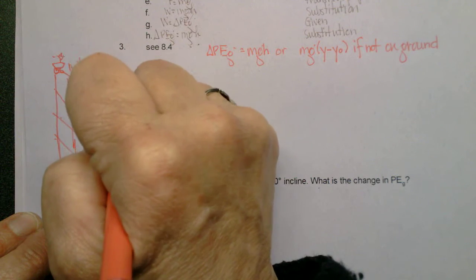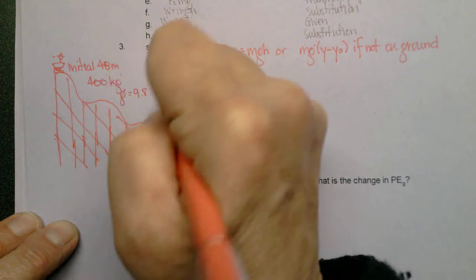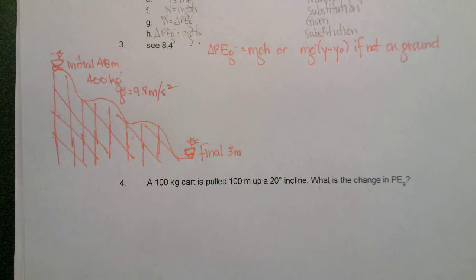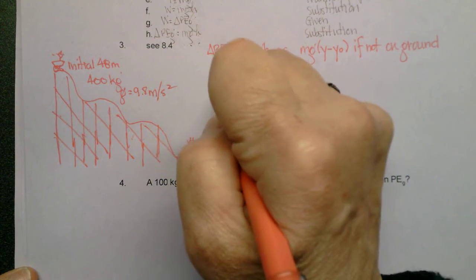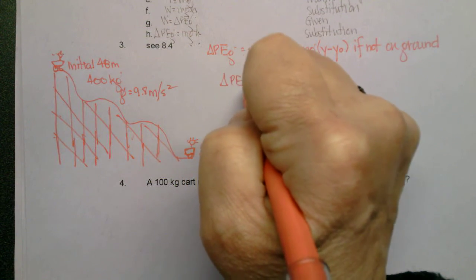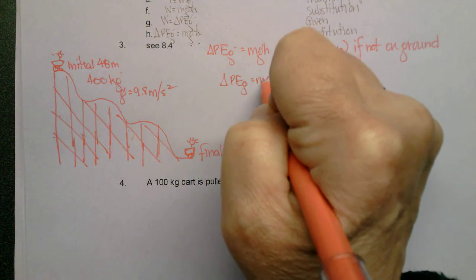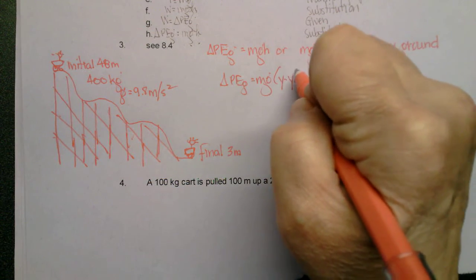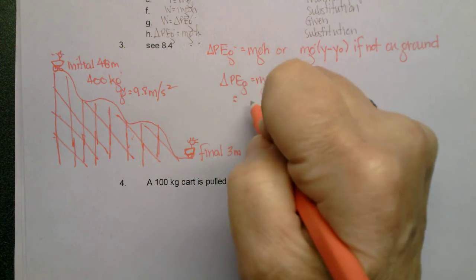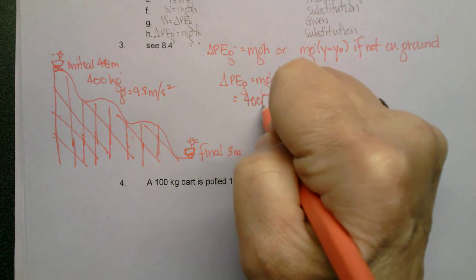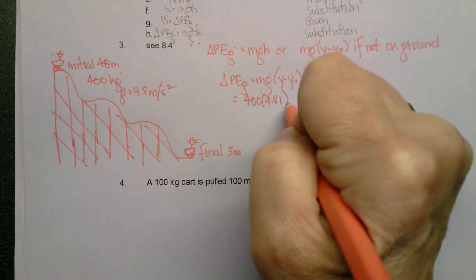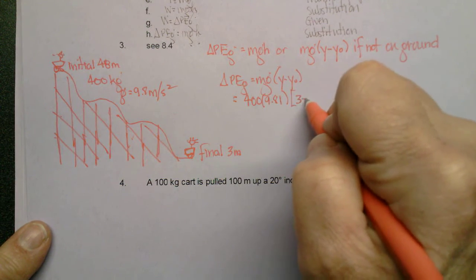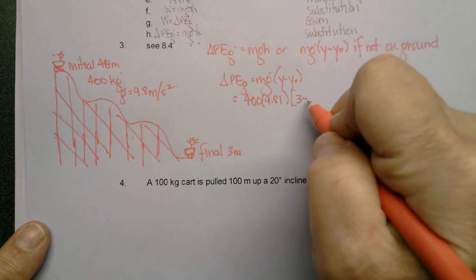And of course, we know that g is 9.81 meters per second squared, in this case because I'm in the metric system. So delta PEG is going to equal mg (y minus y naught), which is the mass, 400, times 9.81, times my final position, which is 3, minus my initial position, which is 48.